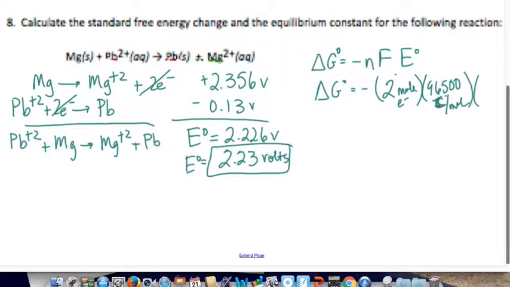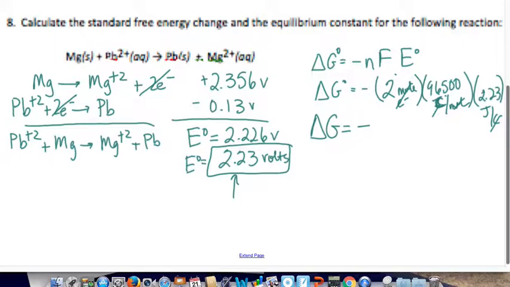And then what's our voltage? 2.23. And the units on this guy were joules per coulomb. So again, coulombs cancel, moles cancel. And what is our delta G of our reaction? Well, we're going to base it on the volts because that's the only thing that's not a constant.